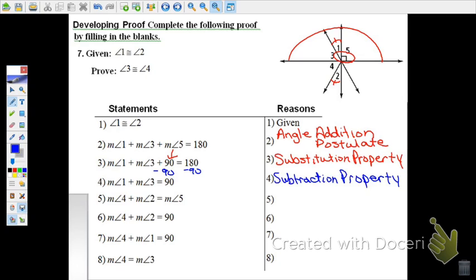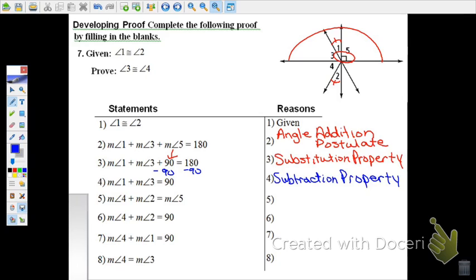Statement 5 says the measure of angle 4 plus the measure of angle 2 is equal to the measure of angle 5. Is that vertical angles? Very good. It's not flowing with what we were doing before. This is looking at something completely different. We're shifting gears.